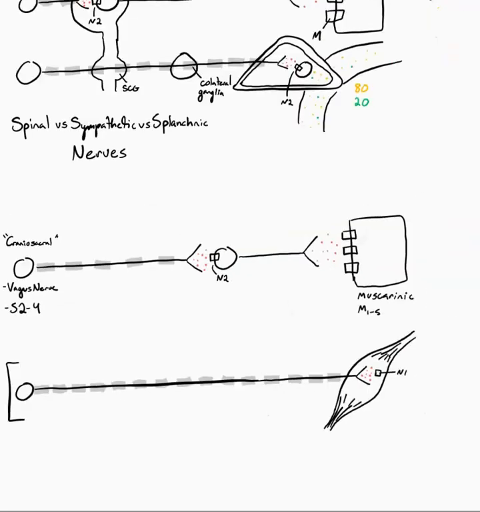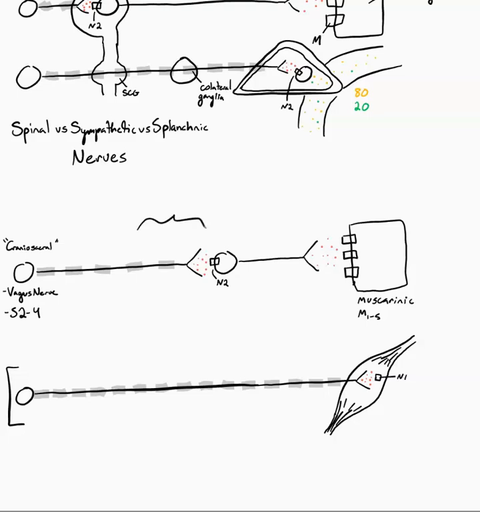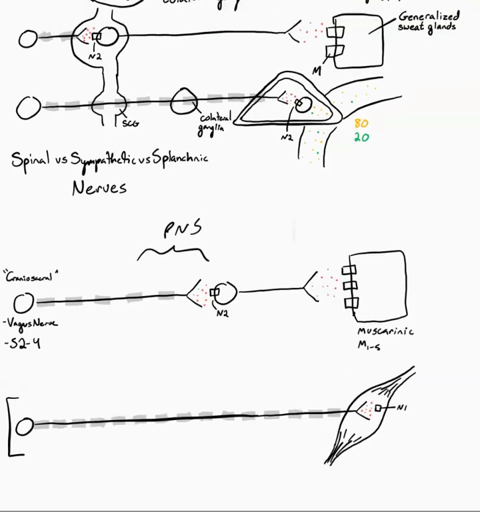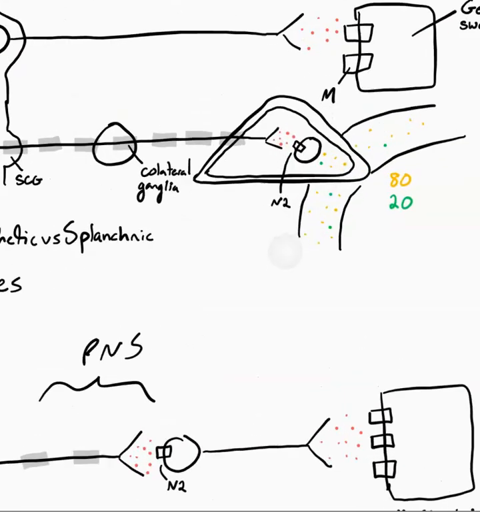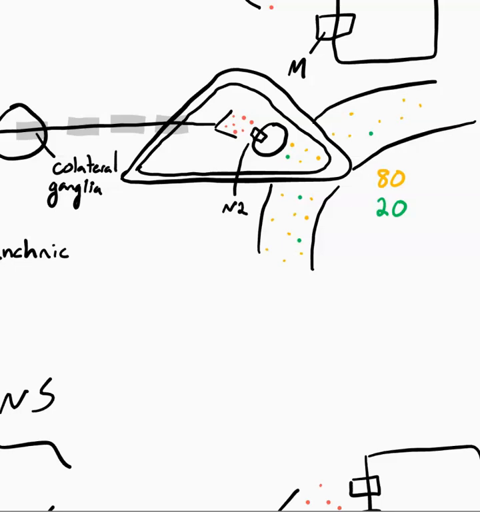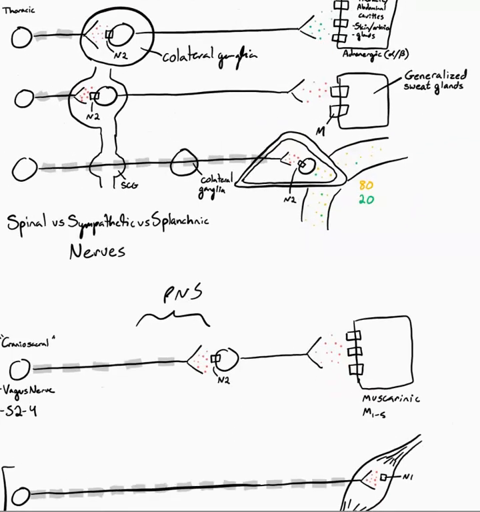And so this is an example of parasympathetic right here, versus these ones up here, which are all going to be sympathetic, but each one of them is going to have a pre and post synaptic neuron, except for one sympathetic nervous system example, which goes to the adrenal medulla here, which functions almost as its own postsynaptic neuron.